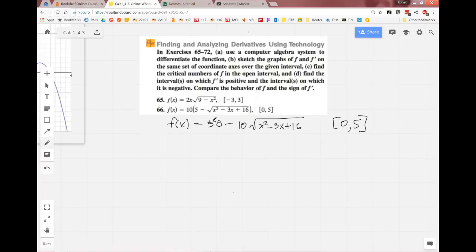Okay, so let me write this down. 50 minus 10 times the square root of x squared minus 3x plus 16. And then let's go to Desmos.